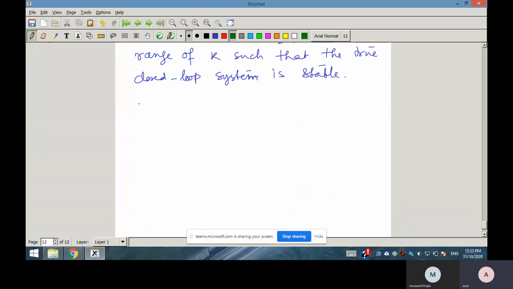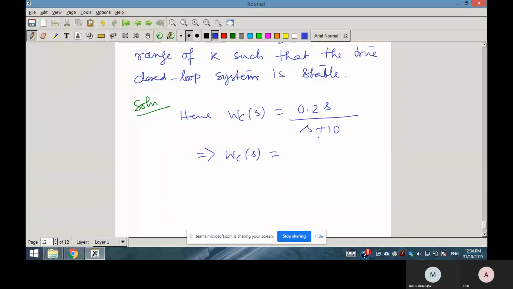So here, what is your WC(S)? WC(S) is 0.2 S divided by S plus 10. So this means, in time constant form, it is 0.02 S divided by 0.1 S plus 1.